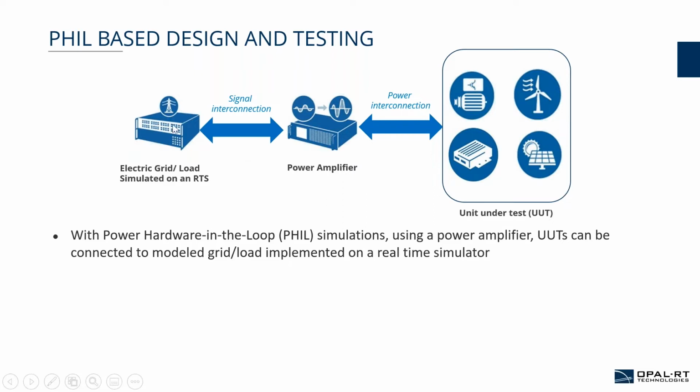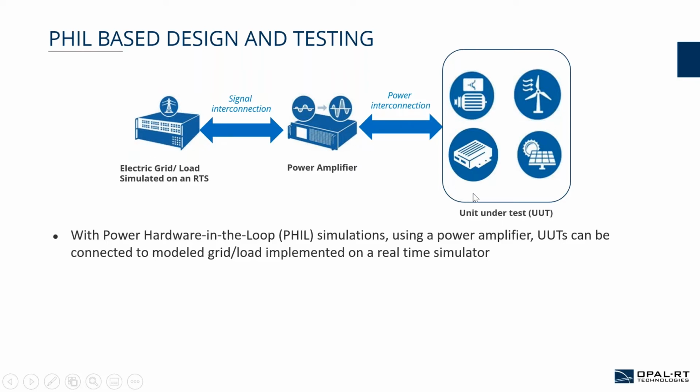The idea is with a model of the simulated grid with the same application example case as the previous slide, you have a grid, you have a microgrid that you would want to test with a PV inverter, wind turbine, and several other equipment. But instead of connecting this equipment to a real grid, you rather connect it with the help of a power amplifier and a real-time simulator to an emulated grid.